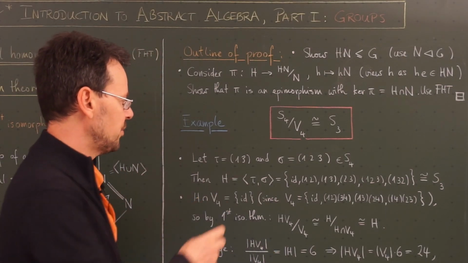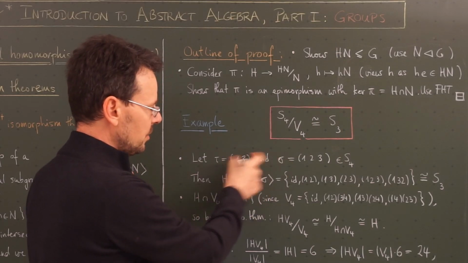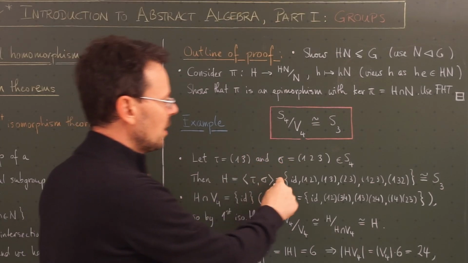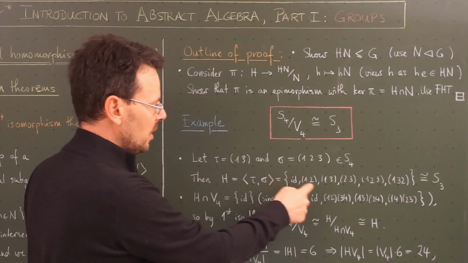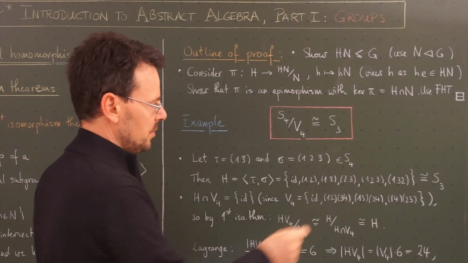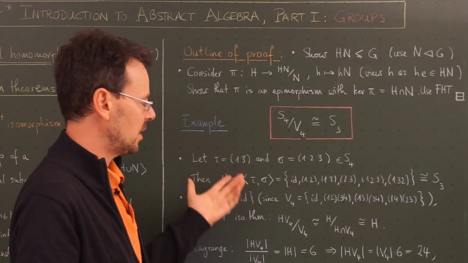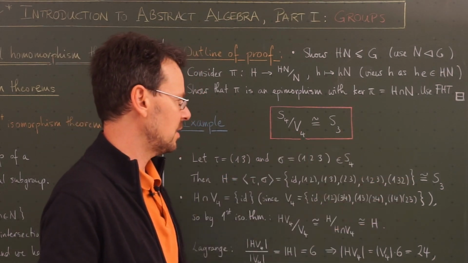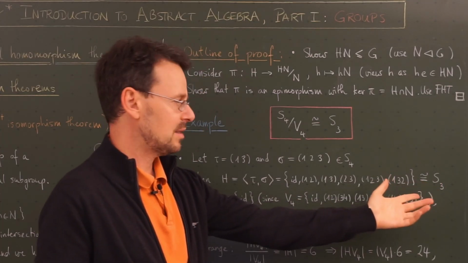And then it's not hard to check that the subgroup generated by those 2 permutations is this here. For example, if you compose tau sigma, you end up with 1, 2, and so on. So you write down all the words, all the powers of these elements, and you end up with exactly these 6 elements, which are clearly isomorphic to S3.